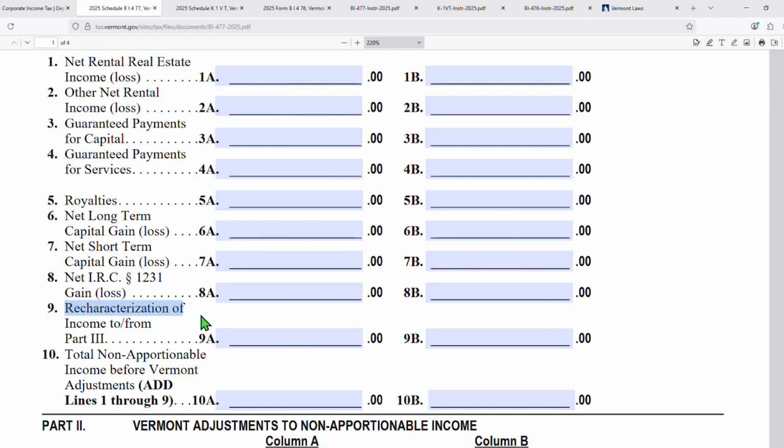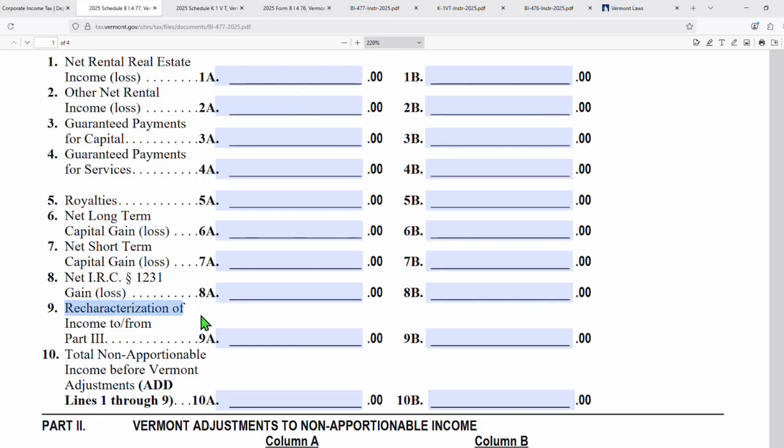If you want to be nuanced and get that exactly right, you could take that $100,000 and treat it as partly non-apportionable and partly apportionable. That's the whole purpose of these lines, to get as close an estimate as possible for your different ownership types. So again, it's the characterization of income as apportionable or non-apportionable that we're creating some flexibility with here. And so you want to go on about how the debits and credits work.